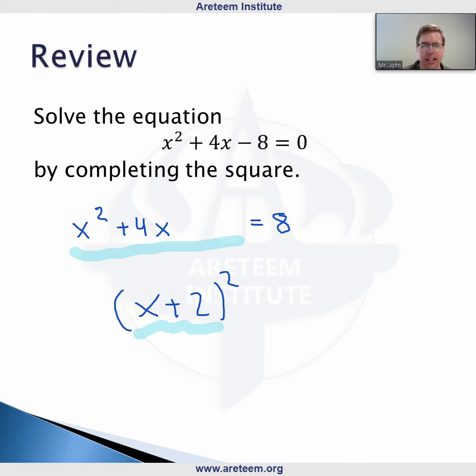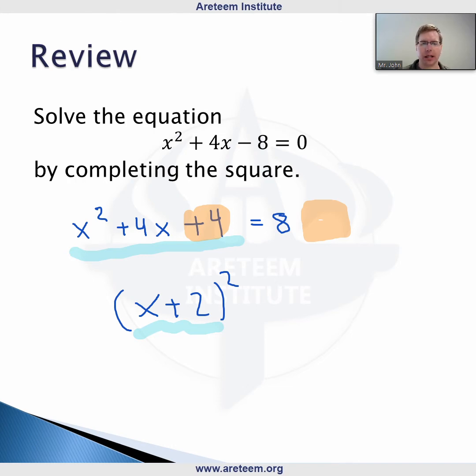So we need to add a plus 4. Of course, we can't just change our equation, so we need to balance that out by adding a 4 on the other side.